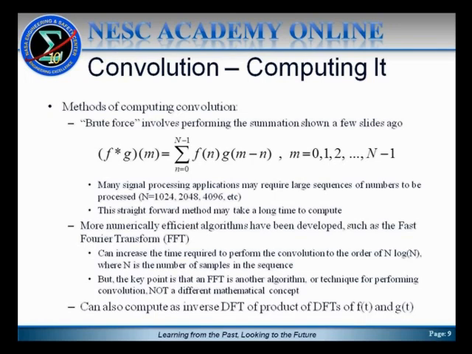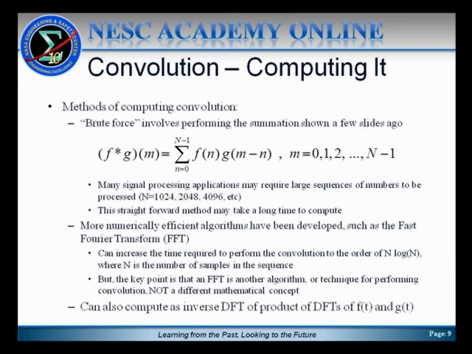And as I described, performing this so-called brute force summation can be very inefficient for very large sequences. As a result, more numerically efficient algorithms were developed, one of which is called the fast Fourier transform, or FFT. It's been shown that it can reduce the time required to perform convolution to the order of n times log of n, where n is the number of samples in the sequence.